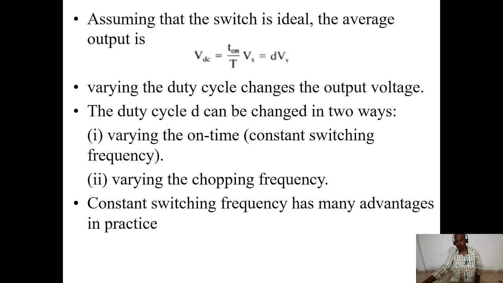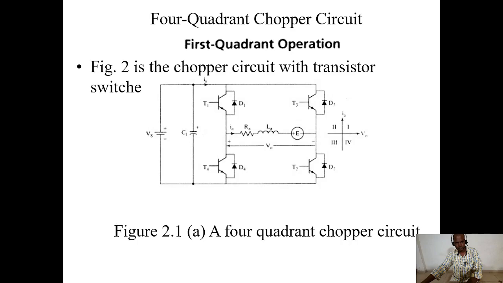Why are we varying these on times? Because varying the switching frequency has many more advantages in practice, and because of those advantages we can vary the time period in different sequences.